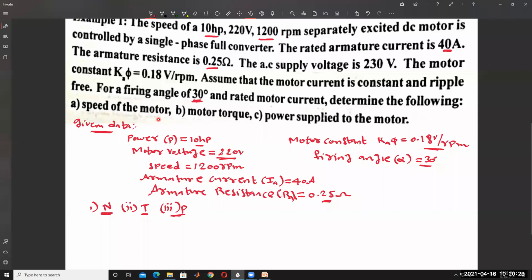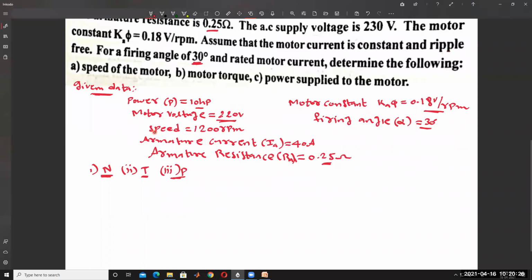So how to find the speed first? You know the speed formula: speed N is equal to Eb divided by K into phi.